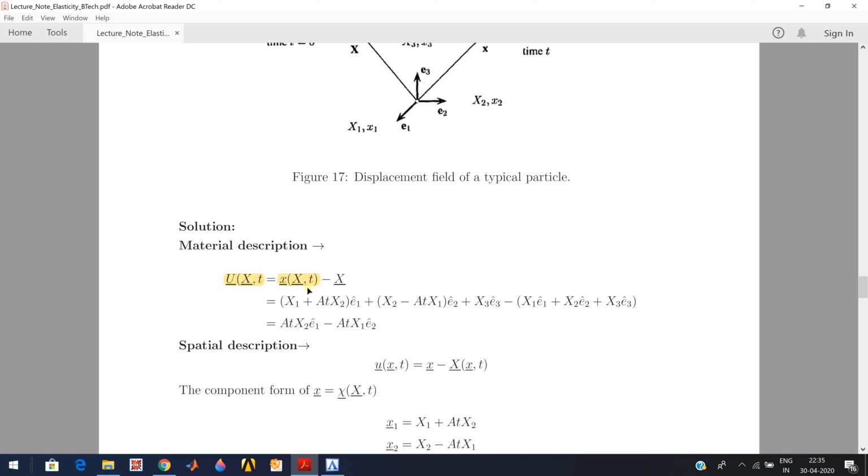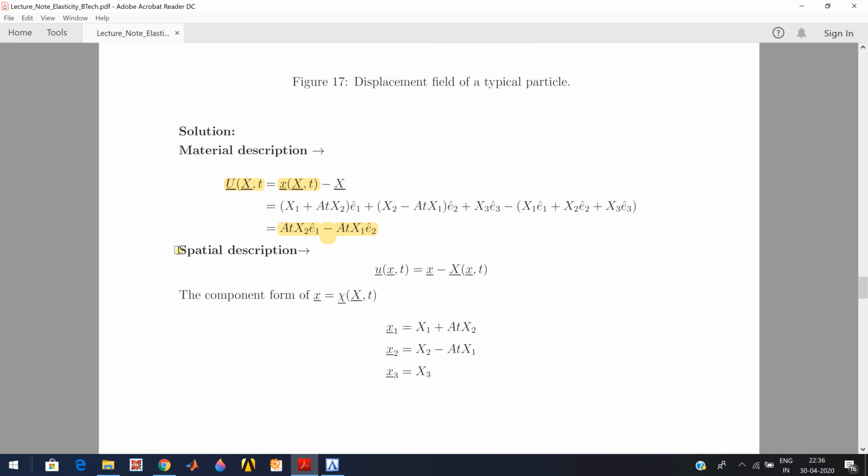So you just put those values that are given, and then you subtract from the position vector small x capital X, and that final expression is your displacement field in terms of the material points, in material description.